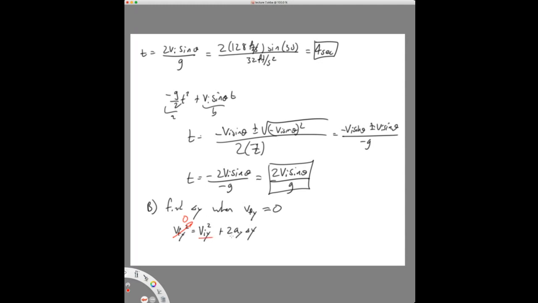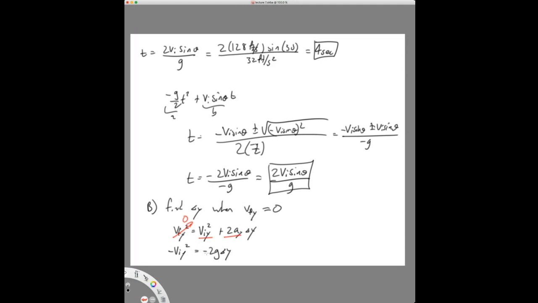We also know v_iy and a_y. So we can solve it pretty easily. That's going to be minus v_iy squared equals minus 2g delta y. So here again, I'm replacing the a_y with a minus g. So it looks like I'm just replacing it with g, but then there's also a minus in front.